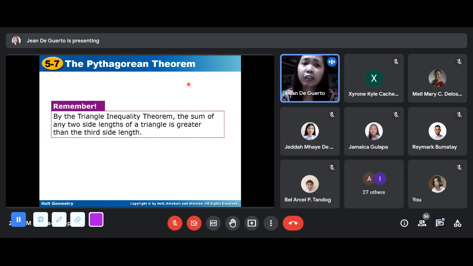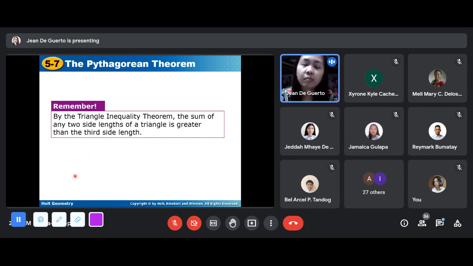converse of the Pythagorean theorem, halimbawa, pinapa-identify sa inyo kung anong klaseng triangle yung given measures, i-apply nyo muna yung triangle inequality theorem. Okay? You take the two lengths of the two sides of your triangle, i-add ninyo kung yung sum is greater than the third side.